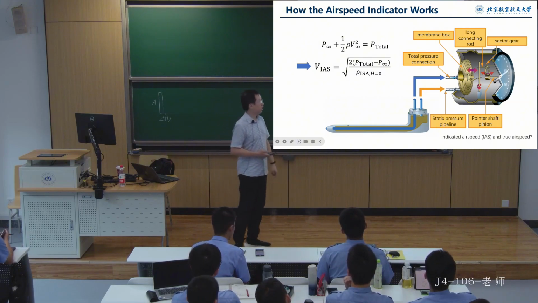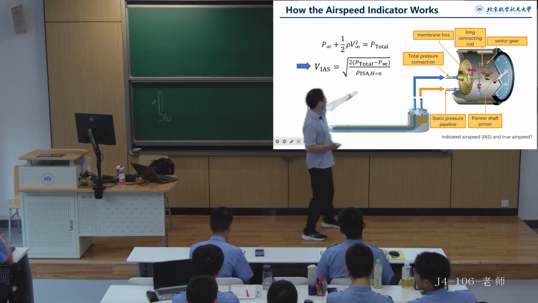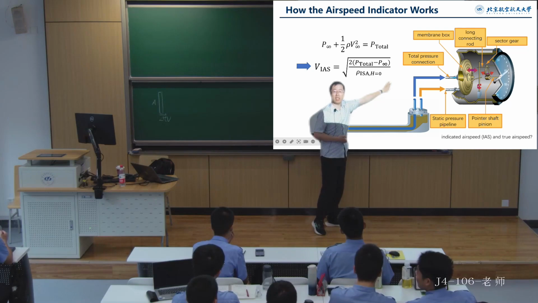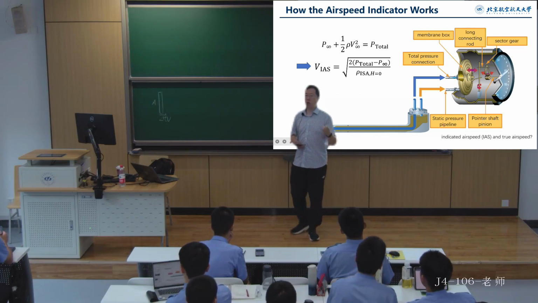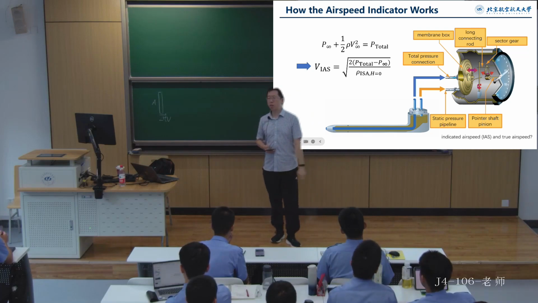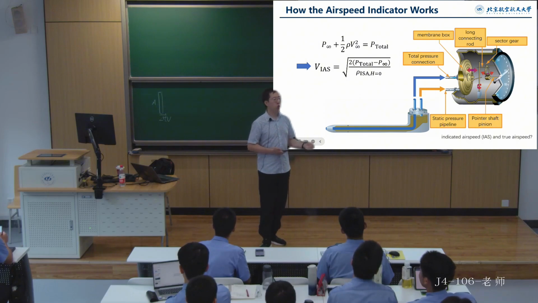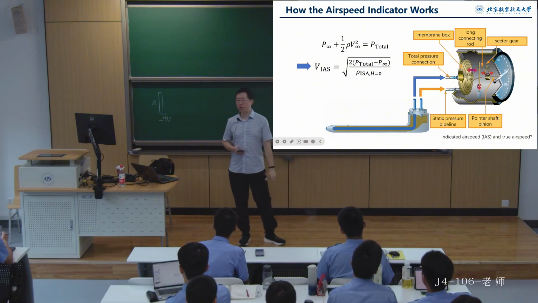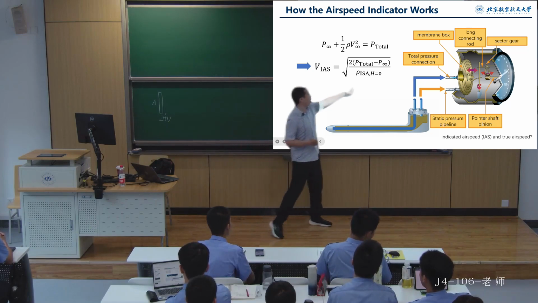Therefore, in the logic that operates within the airspeed indicator, what density is used? It uses the density under standard atmospheric conditions at sea level. What is this density? It should be 1.25 kilograms per cubic meter. So we can see the speed obtained at this time.